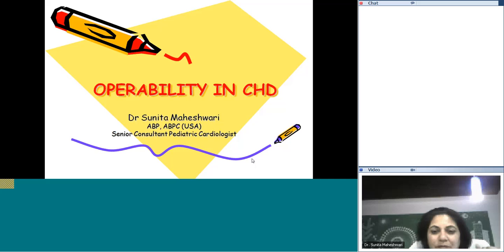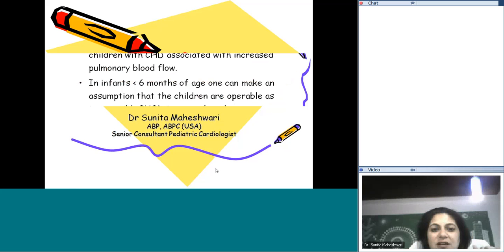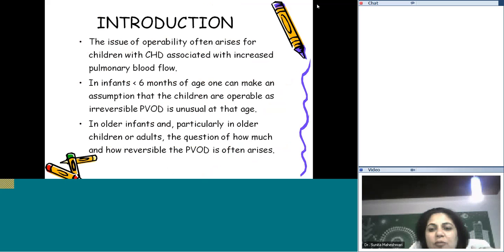Now, this issue of operability generally arises in older kids. Kids less than 6 months of age, you can make an assumption that they're operable. There are some situations, like non-regression of fetal pulmonary vascular resistance, where you may be less than 6 months and yet have vascular changes that make you inoperable.